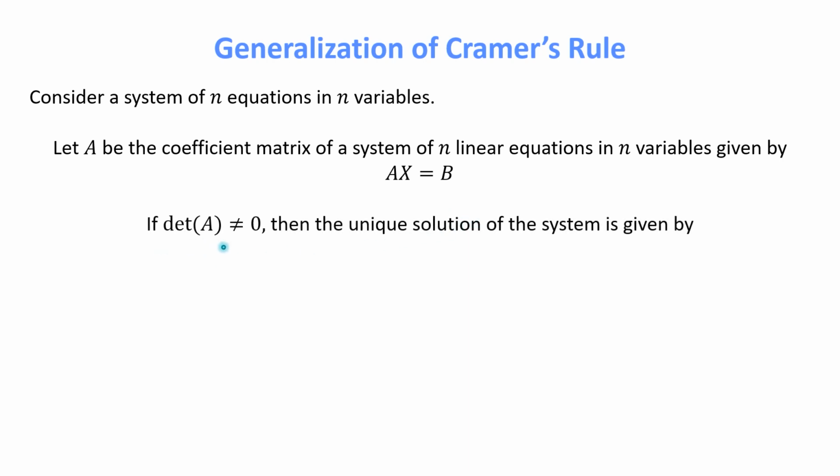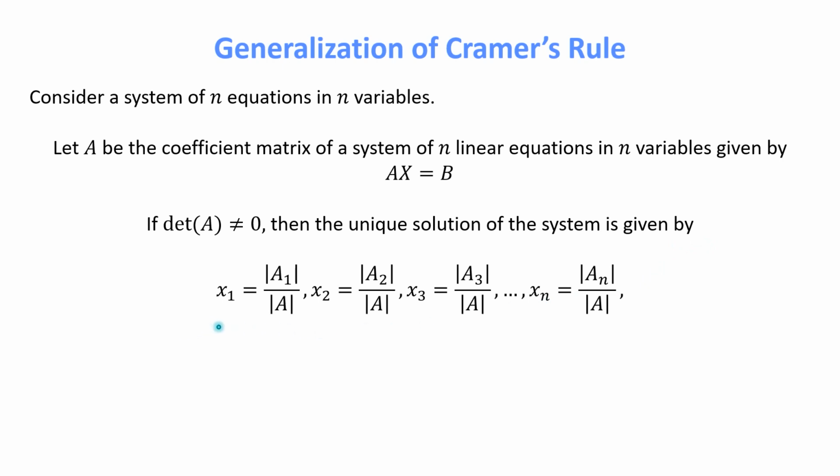If the determinant of A is non-zero, then there is a unique solution of the system, and the solution of the system is given by x sub 1, the first variable, equals the determinant of A sub 1 divided by the determinant of A. x sub 2 is given by the determinant of A sub 2 divided by the determinant of A, all the way up to x sub n, which is given by the determinant of A sub n divided by the determinant of A. So this helps us see the relationship between the solution of the first variable and how we change the coefficient matrix.